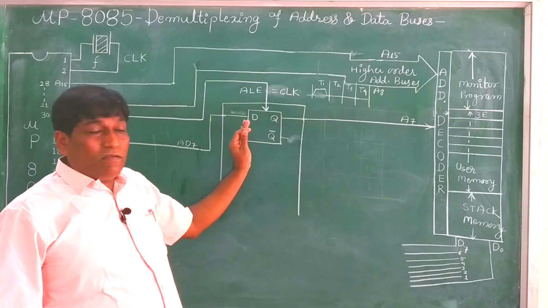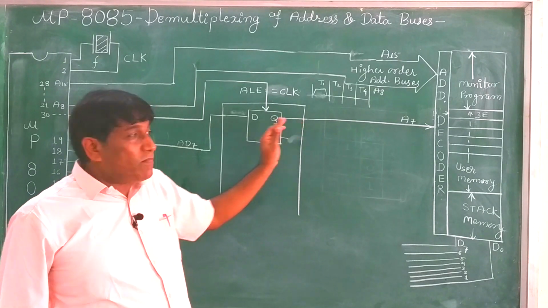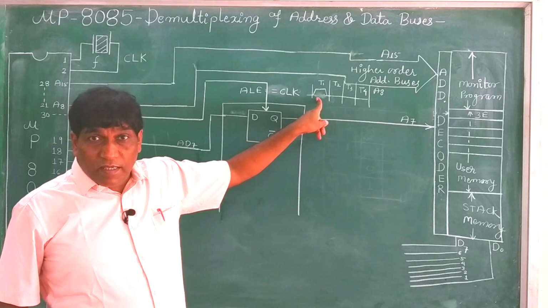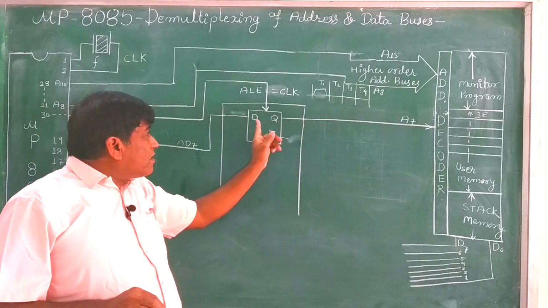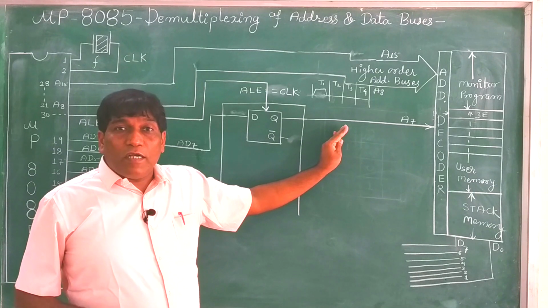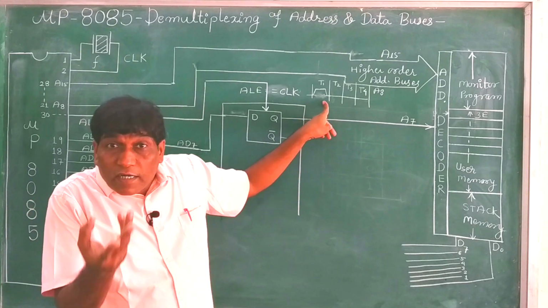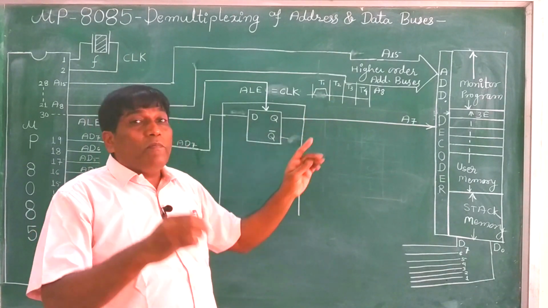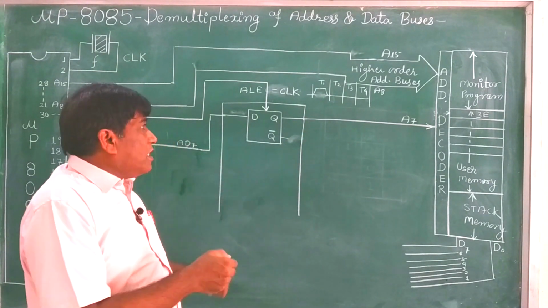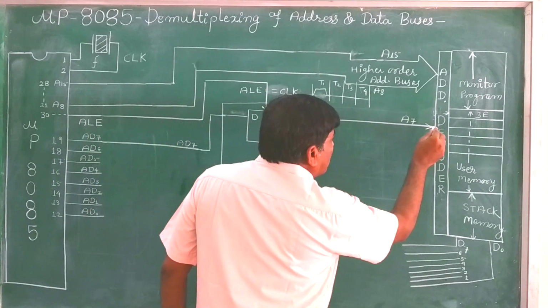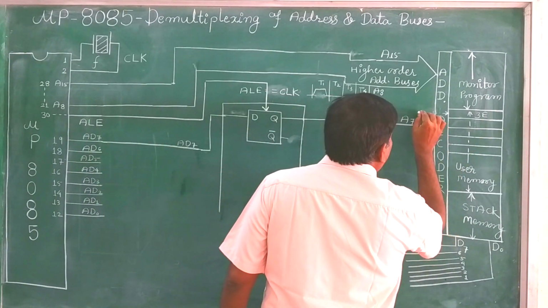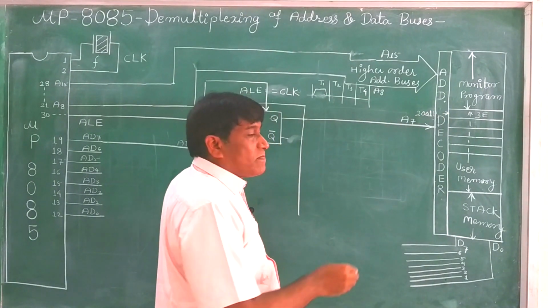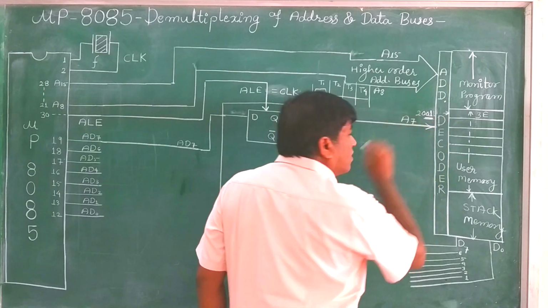Depending on the input, the data will change. Depending on the address, because the address is loaded at the T1 time in the lower order address, it will be loaded here. And after that, because the clock is not activated, this will be latched. This will be held. So initially, say location number 2001, it means your lower order address is 01.